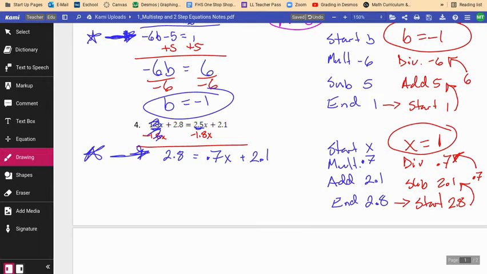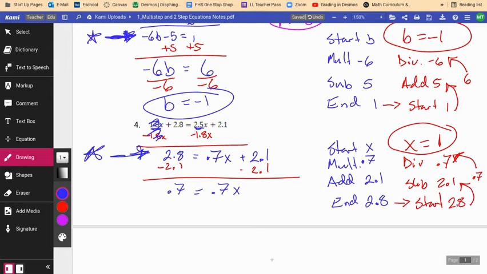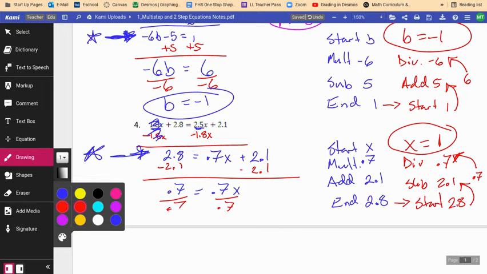So let's see if we're right. Algebraically, subtract 2.1. 0.7 is equal to 0.7 times x. Divide by 0.7. And in fact, x does equal 1.